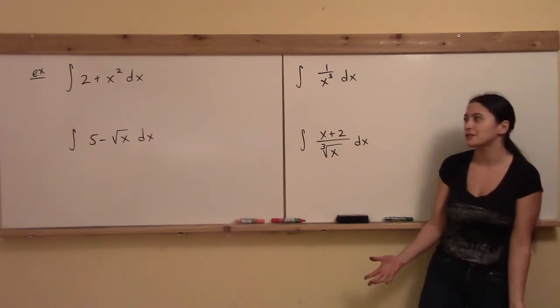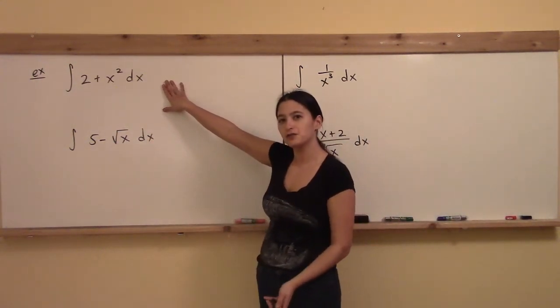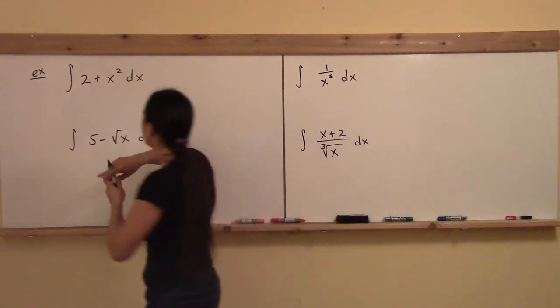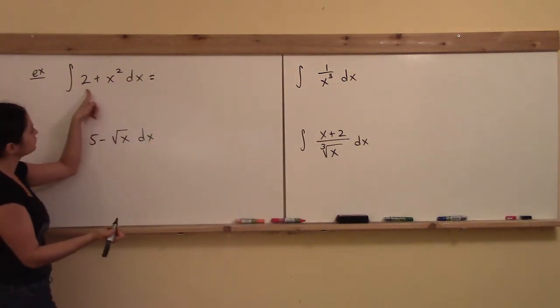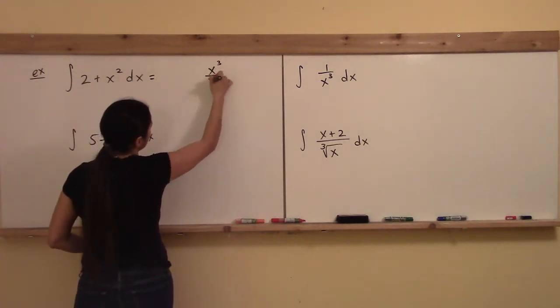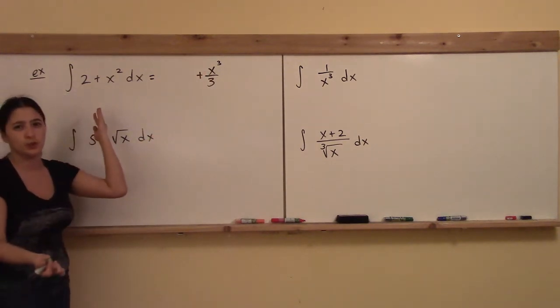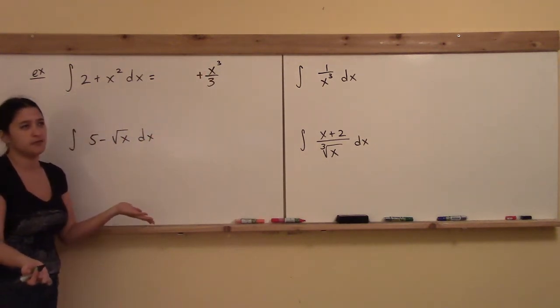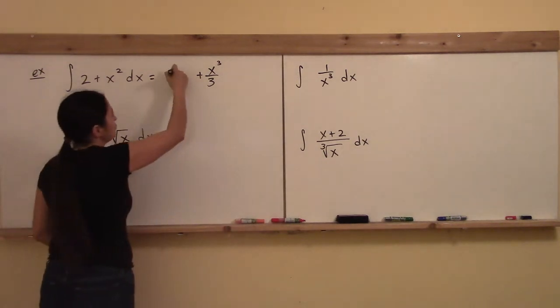Okay, so how far did you get? Hopefully, since we just went over discussion of polynomials, you were able to get this one right here. Was this term maybe actually easier than the 2 term? Because you know that the x squared term is going to go to x cubed over 3, right? But what happened to the 2? What kind of function has a derivative just equal to 2? 2x, exactly, 2x.